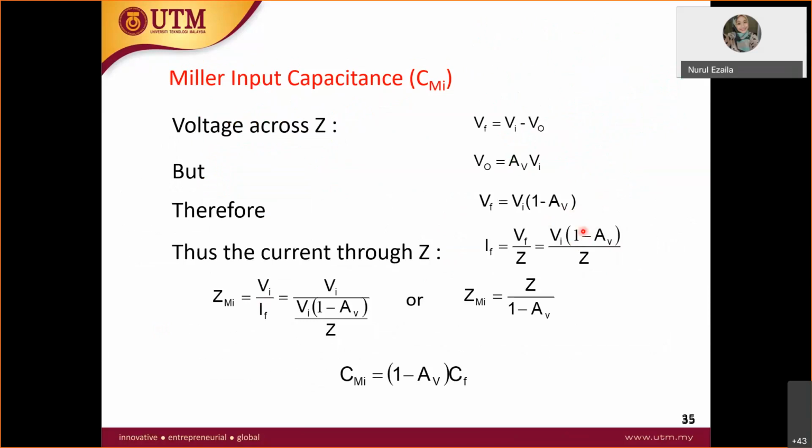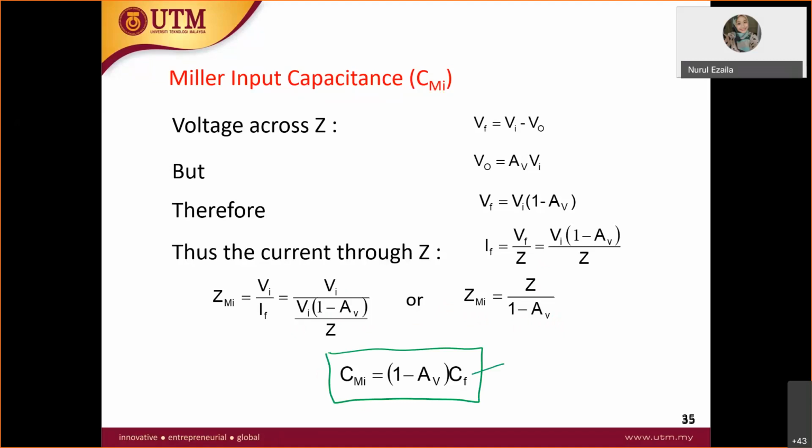So you will get V in over IF, and IF is represented as this portion, V in times 1 minus AV over Z. After simplification, you will get ZM in equal to Z over 1 minus AV. So the Miller capacitance at the input will be equal to 1 minus AV times CF.